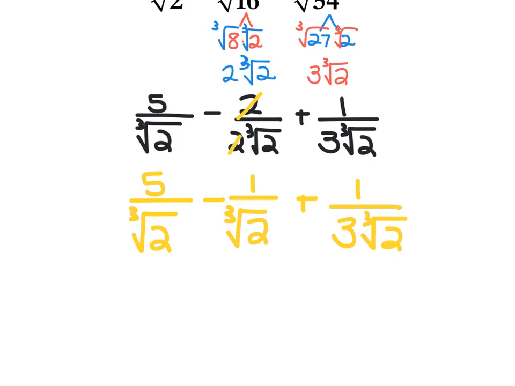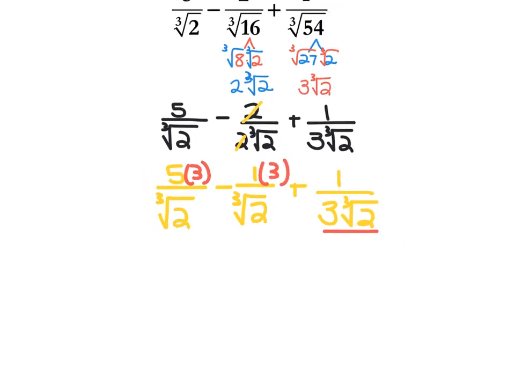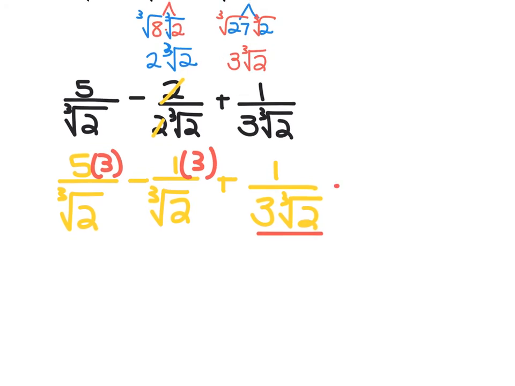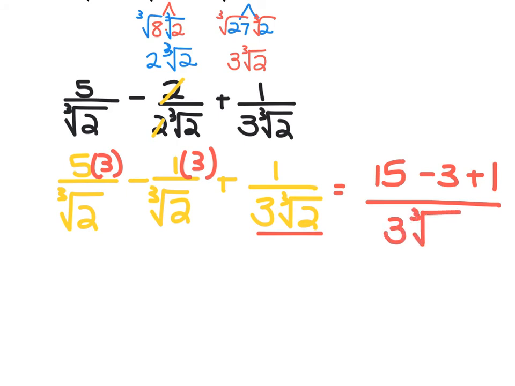Now, I do need a common denominator, and the common denominator is just 3 root 2, which means I need to multiply these by 3. Five times 3 is going to give me a 15, minus 1 times 3, which is 3, plus 1, all over my common denominator, which is 3 cube root of 2.